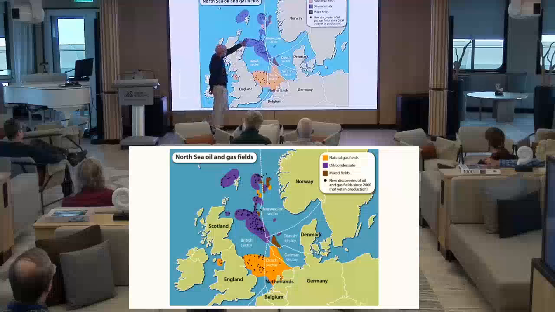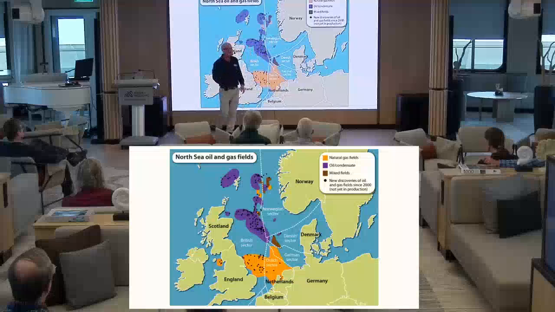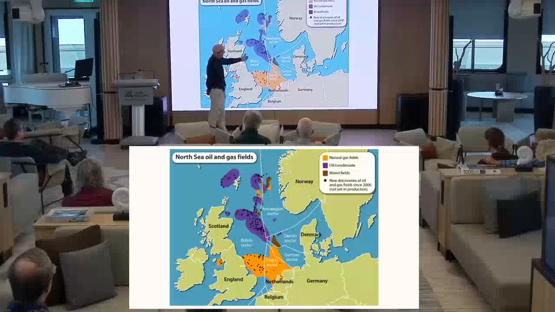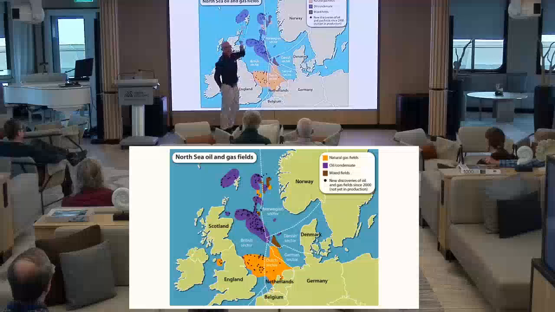The British had a large slice of the pie. The Norwegians did pretty well. As we've discovered, they used their money very carefully and wisely. The Danes had some North Sea oil, the Germans too, some of the Dutch. But the lion's share went to the British, and Shetland was in the middle of the action.